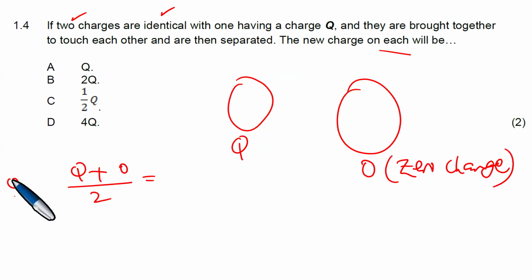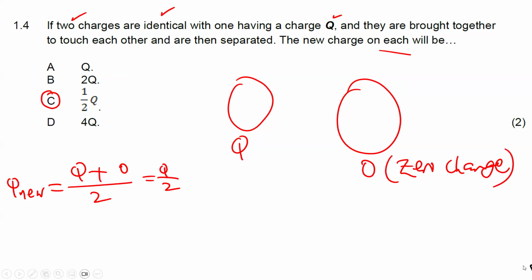So new charge is Q plus 0 divided by 2, which is exactly Q over 2. And therefore, the correct answer is half, because they're going to share the charge. So you see, when they share the charge, we divide by 2.